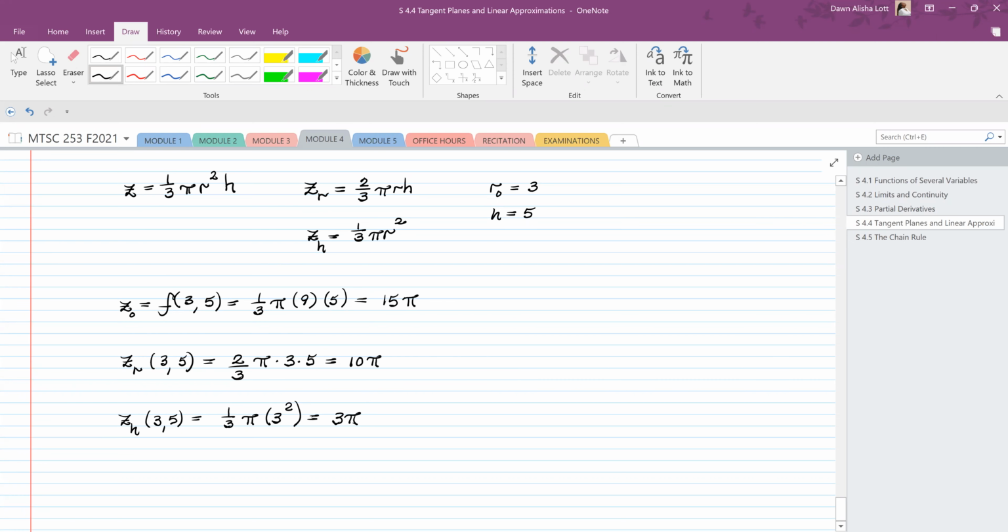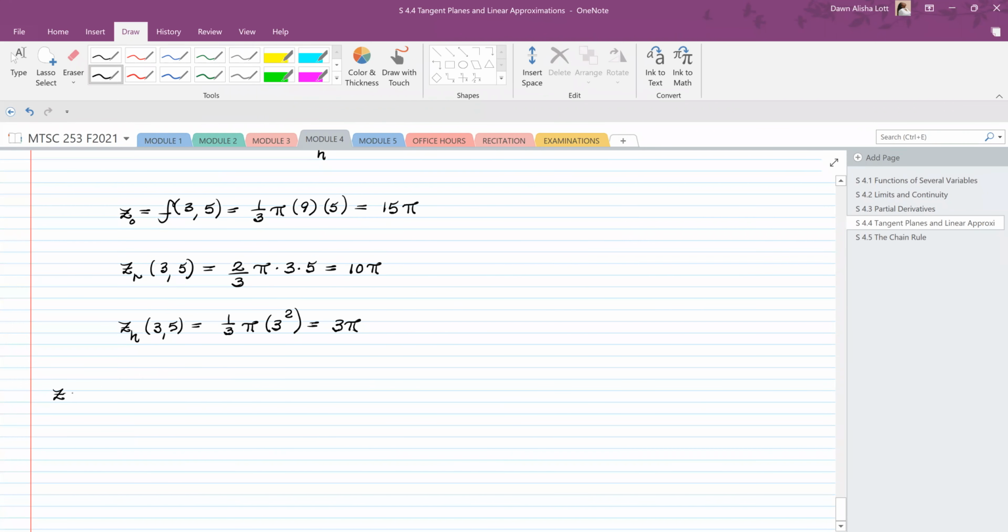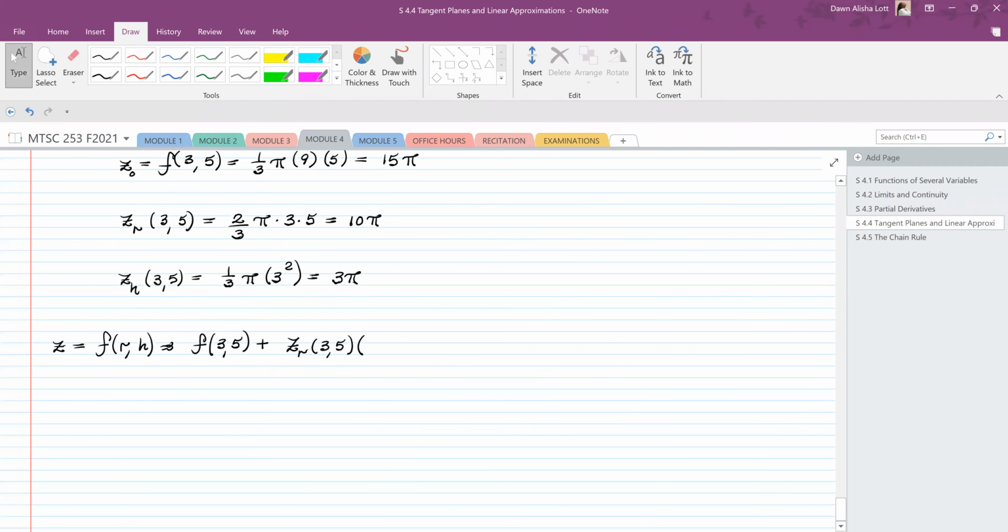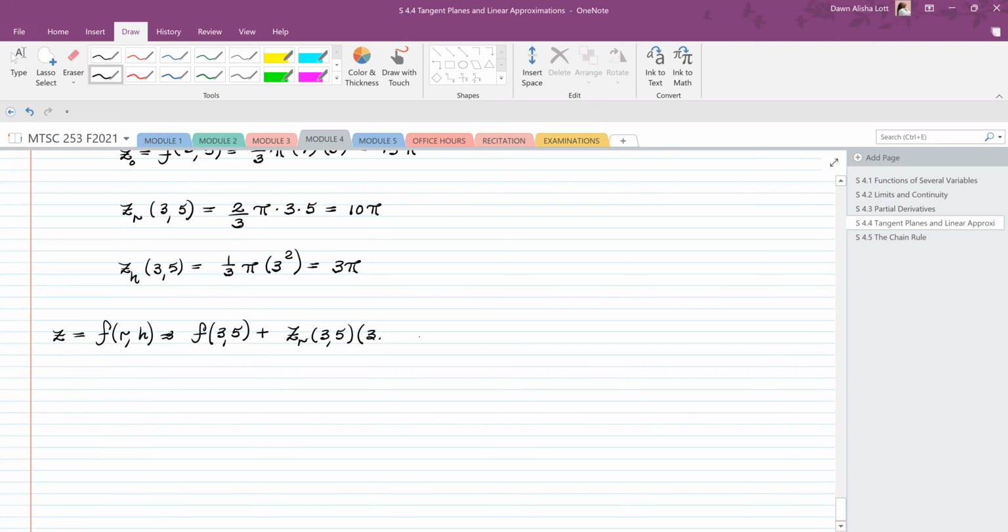So therefore, an approximation Z equal to F of r and h is going to be F of 3 and 5 plus Z sub r of 3 and 5 times 3.1 minus 3 plus Z sub h of 3 and 5 times h, which is 4.9 minus 5.